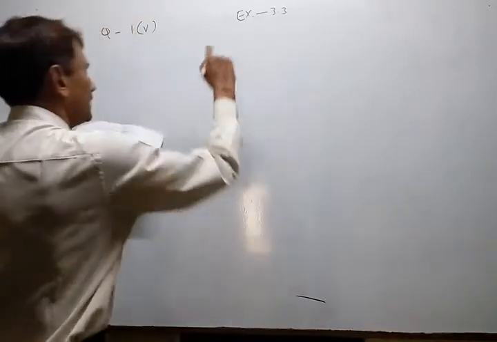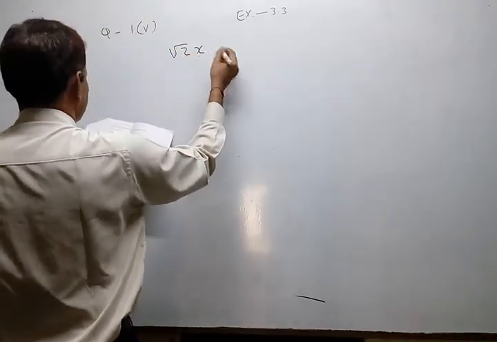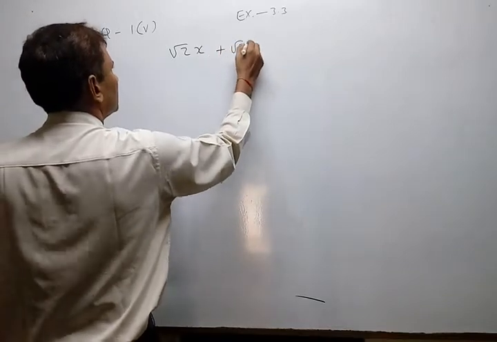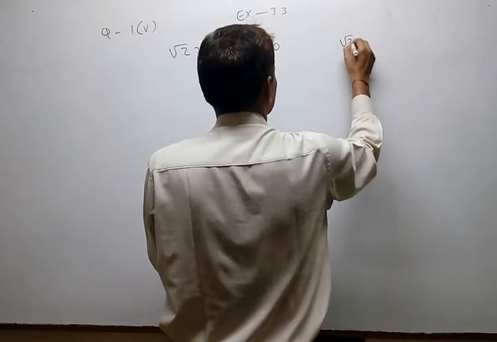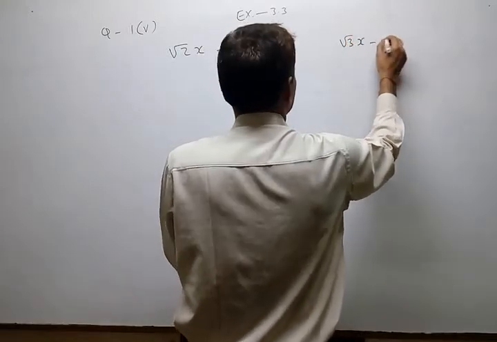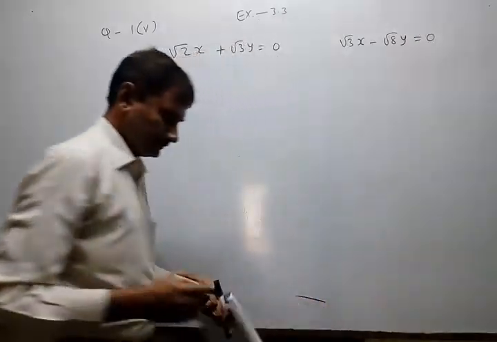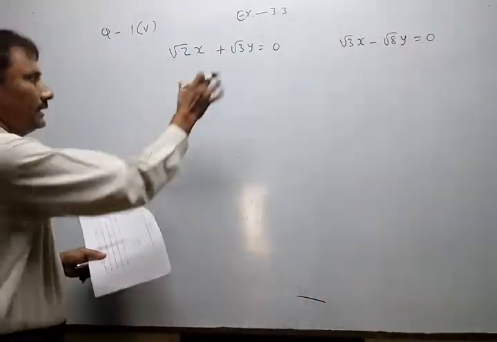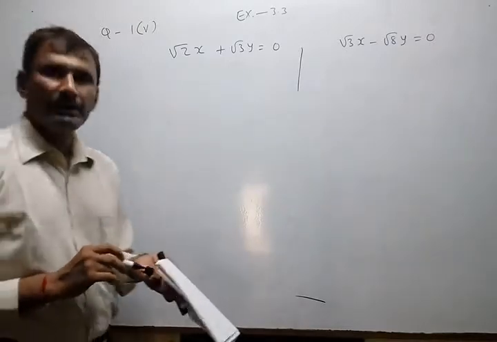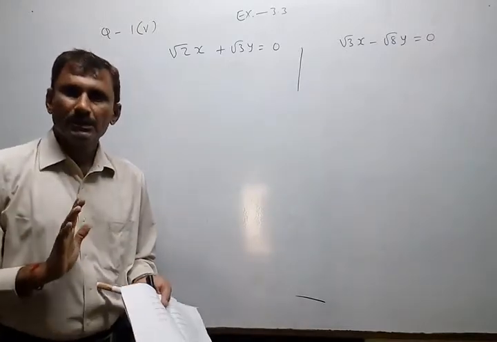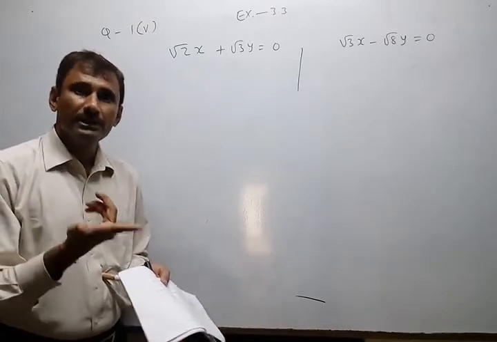So first, as per our method, write down both equations. Now make any one variable the subject from any one equation, that is our rule.